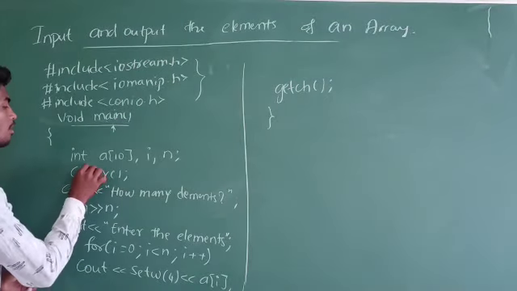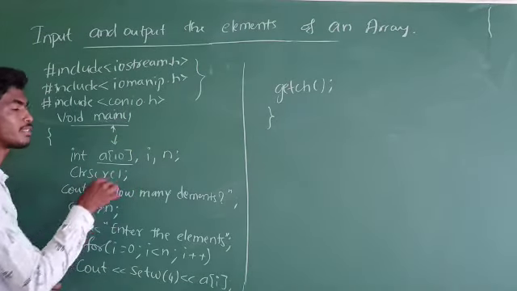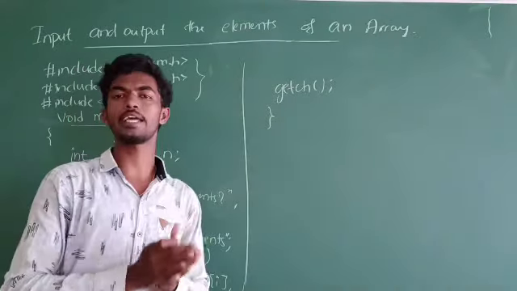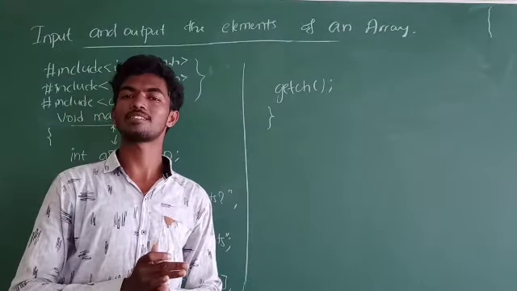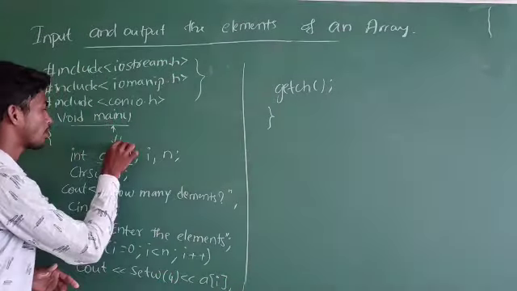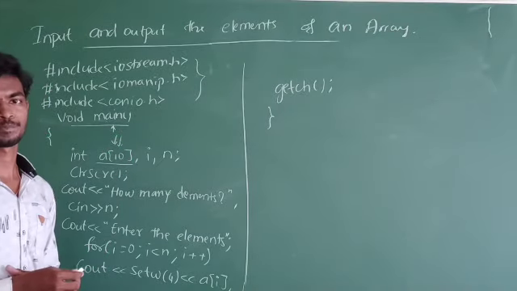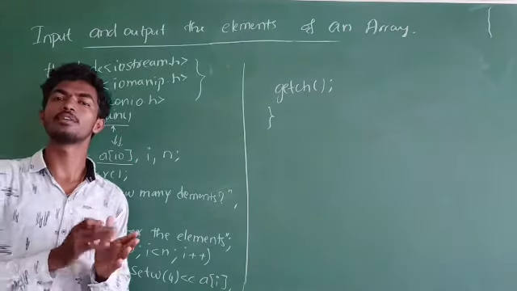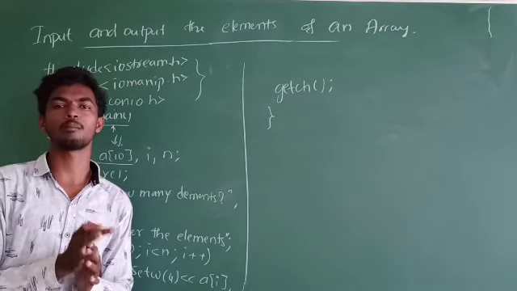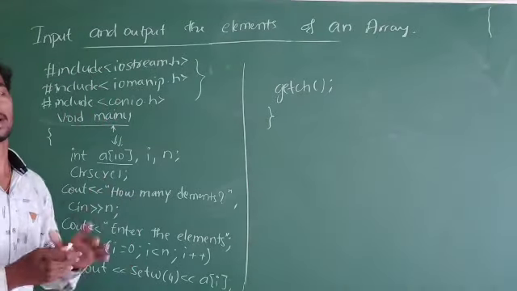Here I have mentioned a[10], that is, array named a can store a maximum of 10 elements in it. Within that 10 we can use however many numbers you want.